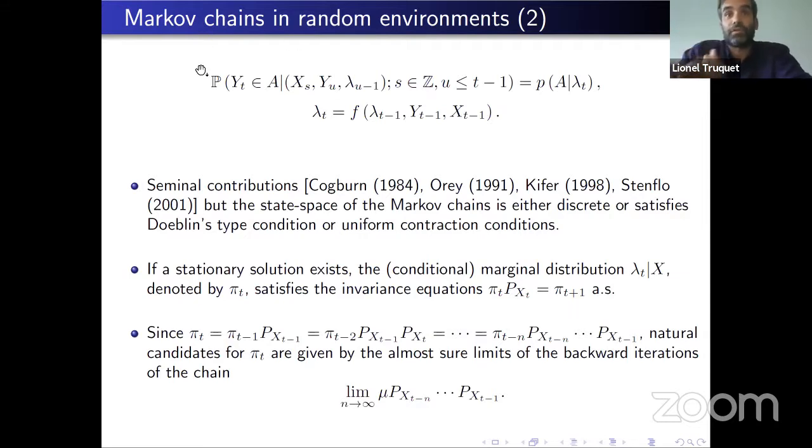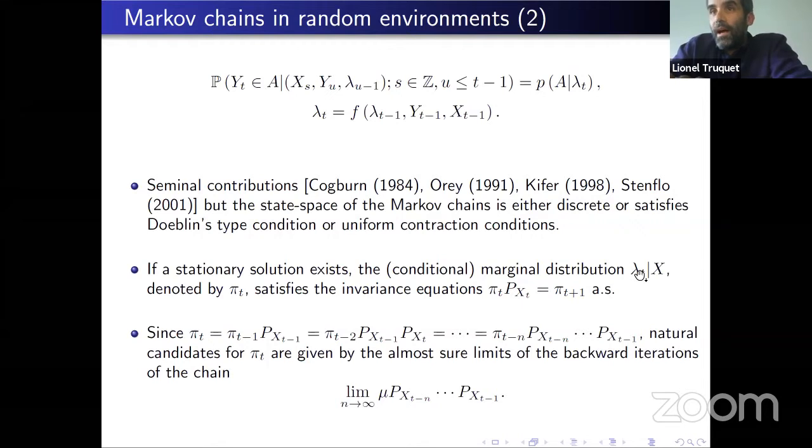So this adds another difficulty when you have a discrete state space for the y, but the lambda is continuous. Okay, so the next point is how can we define a stationary solution to this recursive equation? The main approach is to try to define the marginal distribution of lambda conditional on the covariate process. And this distribution that I denote pi t, of course, you have a time inhomogeneous Markov chain conditional on this environment.